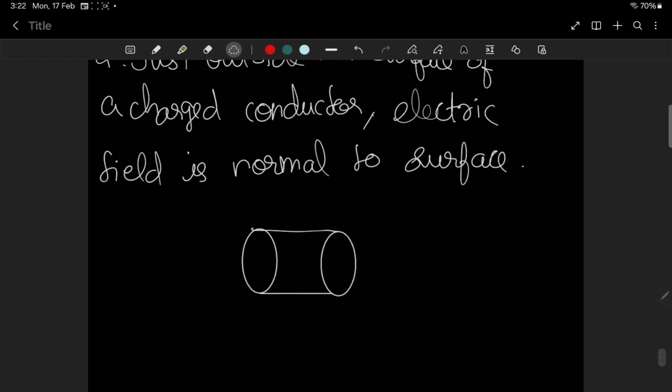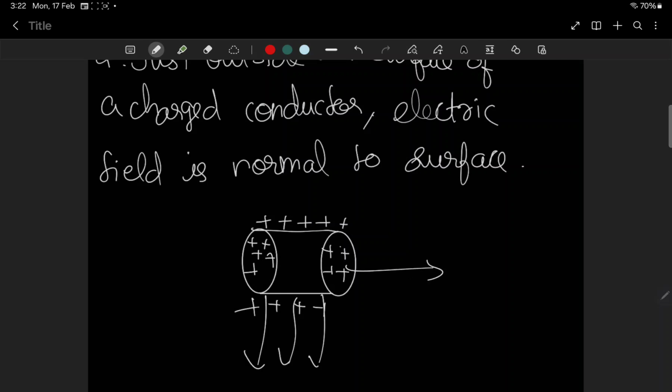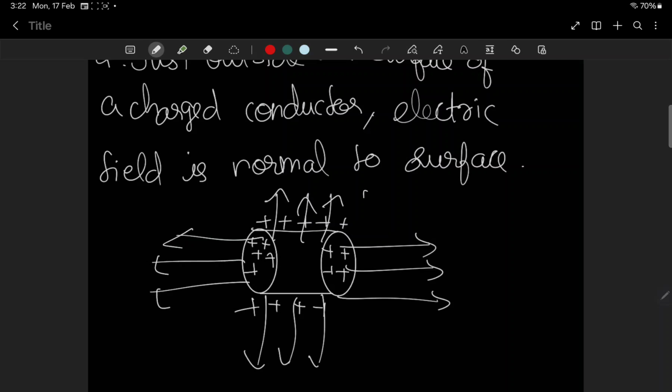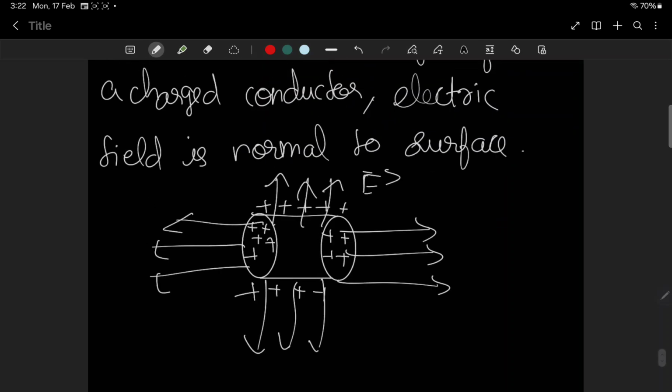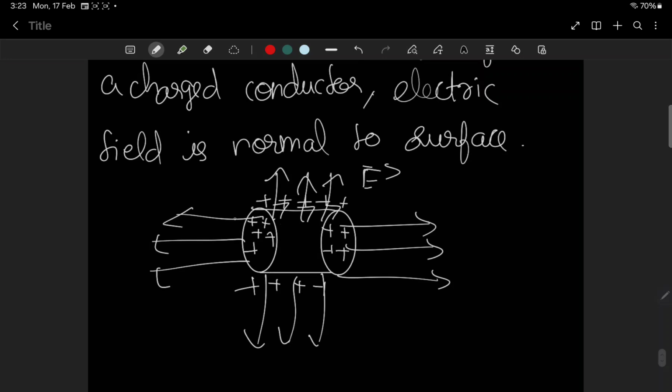Yes. Look, this conductor is having charges in the periphery. I told you, conductors will have charges in the periphery. These charges in the periphery will produce electric fields like this. And what is the speciality of this electric field? It is perpendicular to the surface.